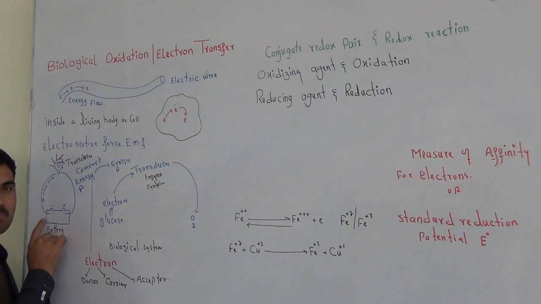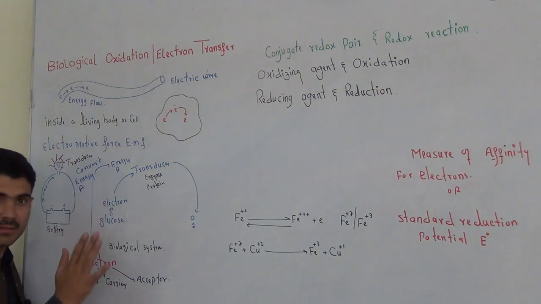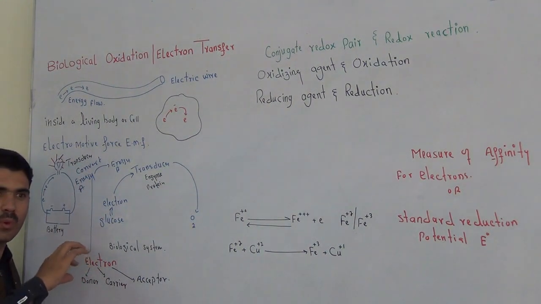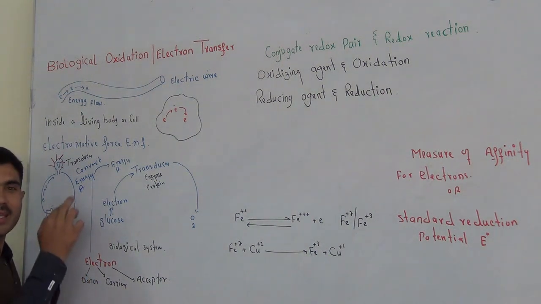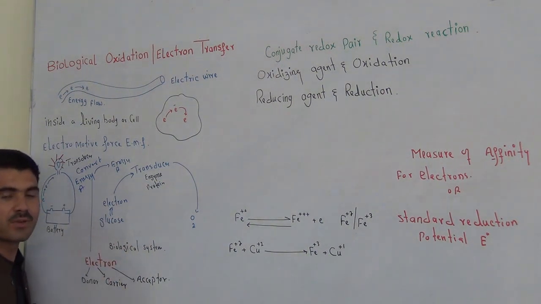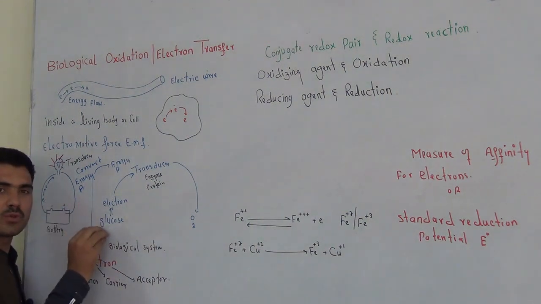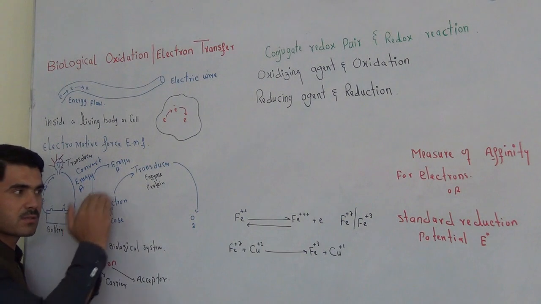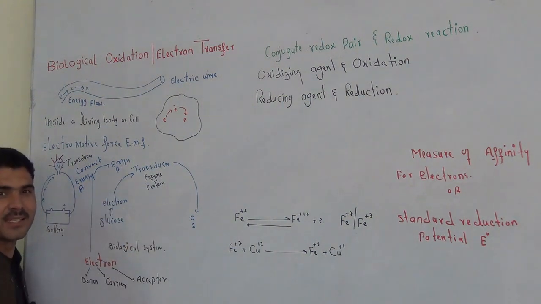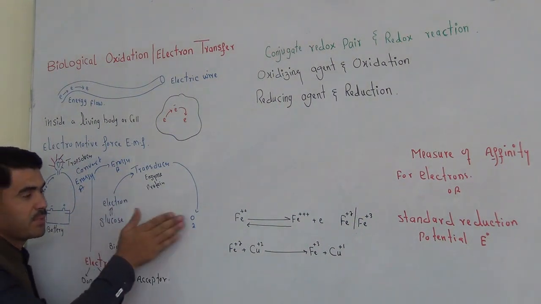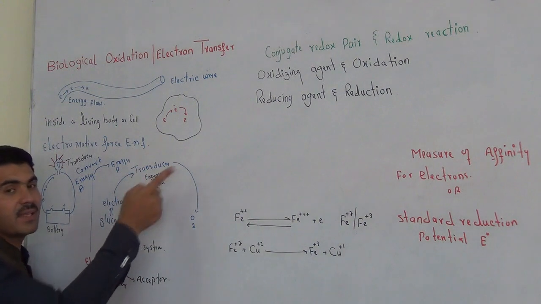Just like here, there was a path which has 2 points. From one point, the electrons start flowing, and to another point, the electrons reach at the end. Similarly, in the body, there must be an initial source from where the electrons start, and there must be another point where the electrons will reach at the end. So we have oxygen at the end, and between these two, again there is a transducer.